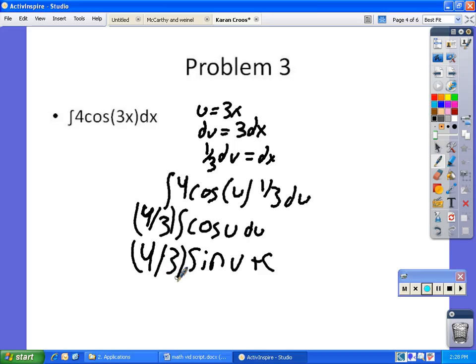Then replace back in the u for sin 3x. So your answer should be 4/3 sin(3x) + c.